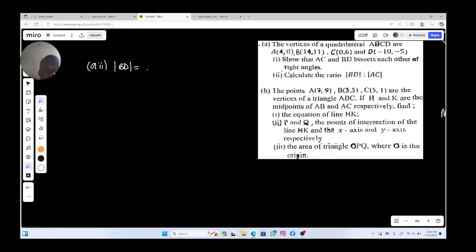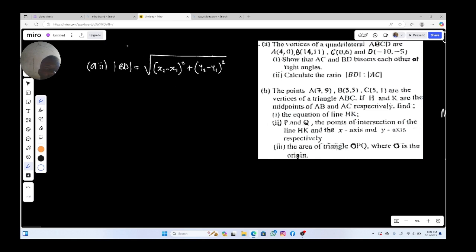So BD is going to be equal to the square root of bracket X2 minus X1 all squared plus bracket Y2 minus Y1 all squared. So we're going to put everything there and then get our values. What is BD?